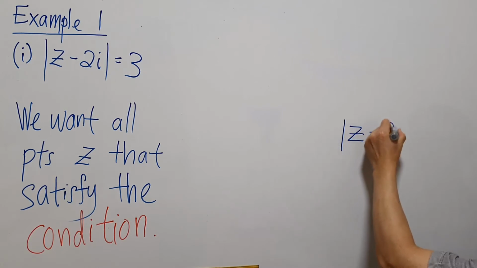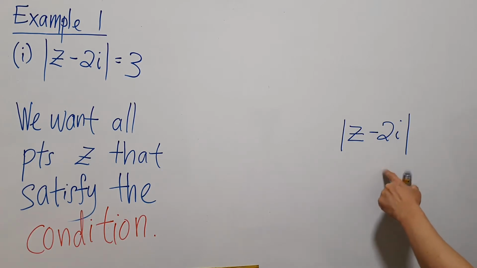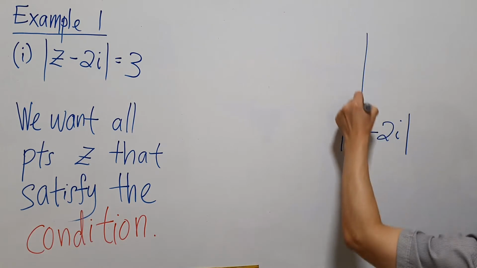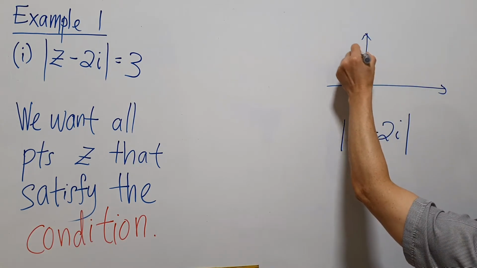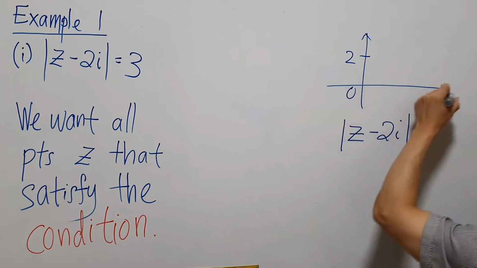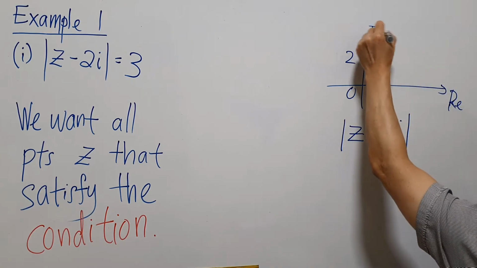Geometrically, you want to realize that this expression on the left, Z minus 2i, has a geometrical interpretation. If you look at a diagram, if this is my complex number 2i, this is the real axis, and this is the imaginary axis.